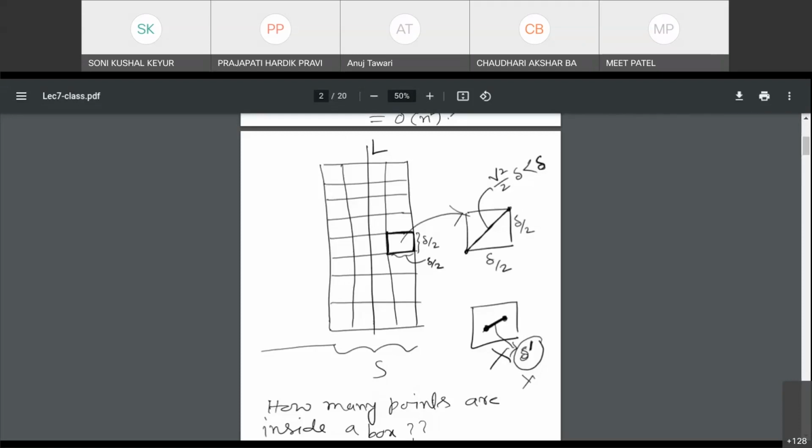Yes, same problem. Same problem. You make the strip after sorting it with respect to the y-axis.